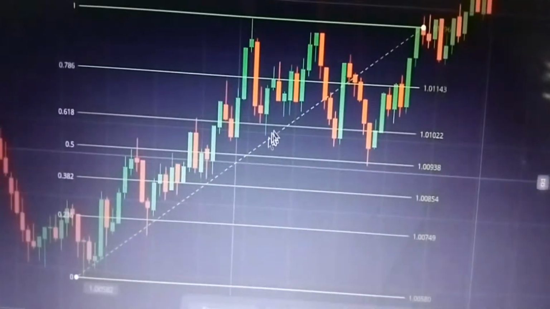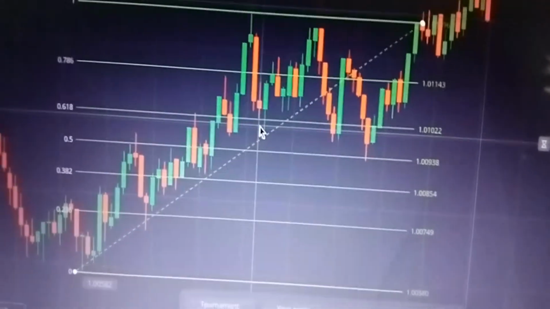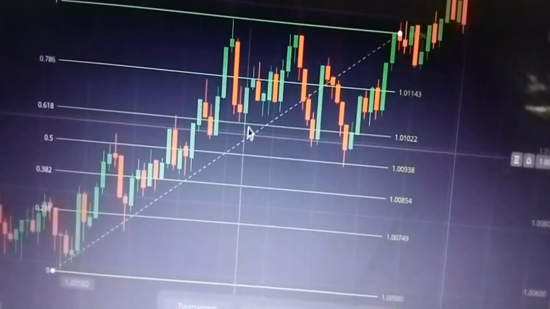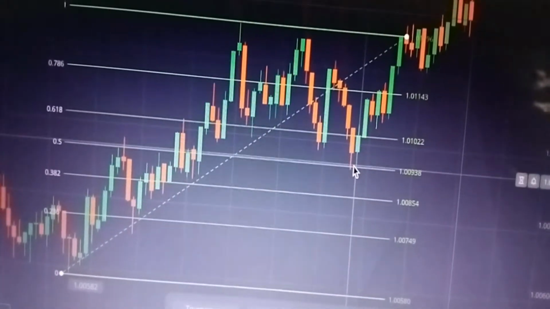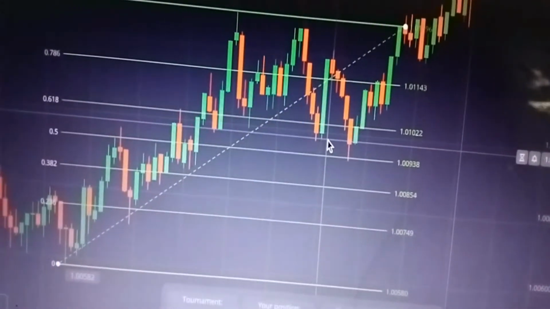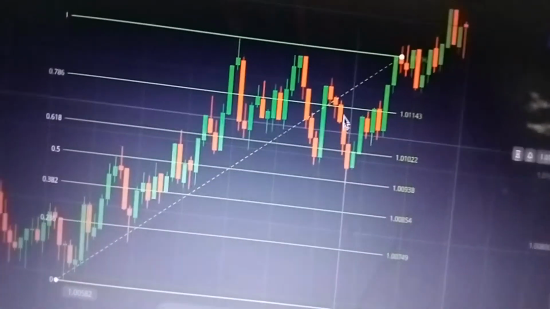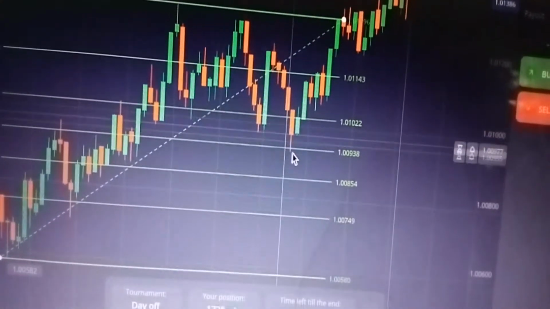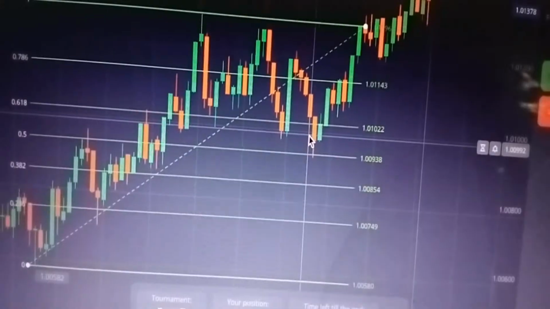You already know that price doesn't always come and hit that optimal trade entry and move higher. After doing that, as you can see here, it comes again and takes out that low. Of course, to generate liquidity, it generates more stop losses, and tricks a lot of buyers and sellers to enter here.